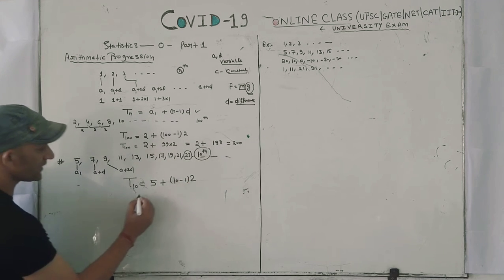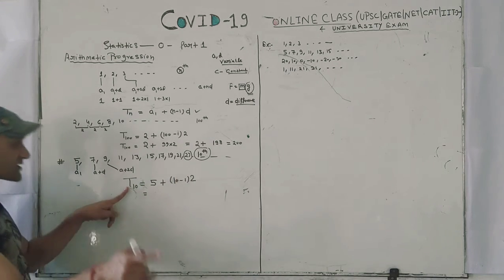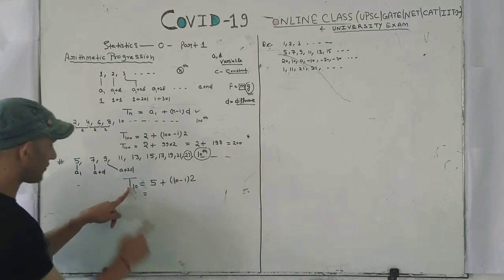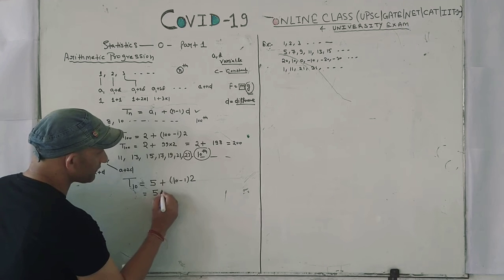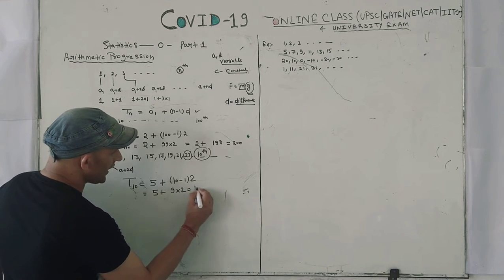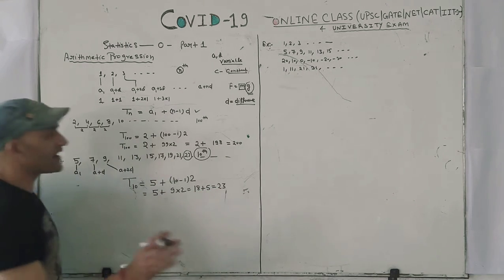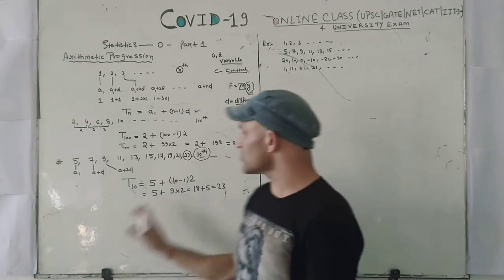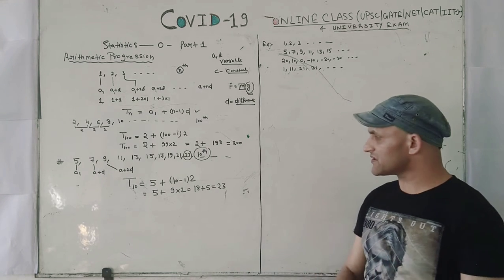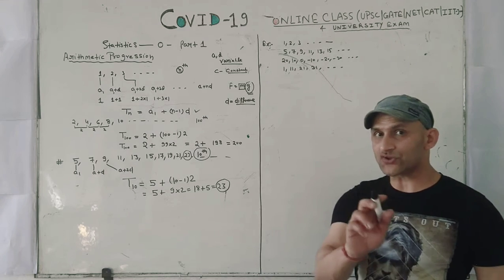So 5 plus (10 minus 1, which is 9) into 2. 9 twos are 18, and 18 plus 5 is 23. It means that is correct, there is no error. So you can see that at the 10th place the value is 23.